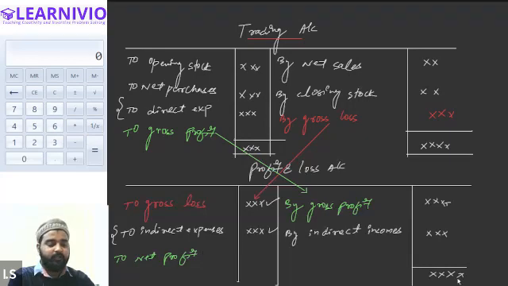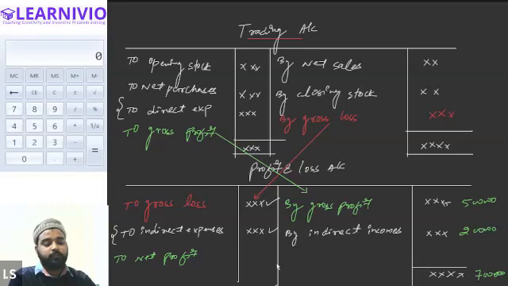Let me give you an example. Let's say the gross profit generated and carried forward from the trading account is 5 lakh. All indirect income is rupees 2 lakh. So the total of the credit side will be 7 lakh.